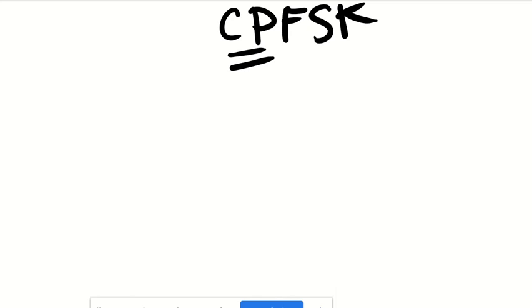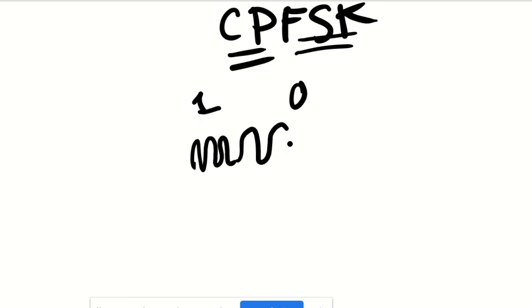CP stands for continuous phase frequency shift keying. Why is this important? Remember, with FSK you have ones and zeros, so two different frequencies, right?